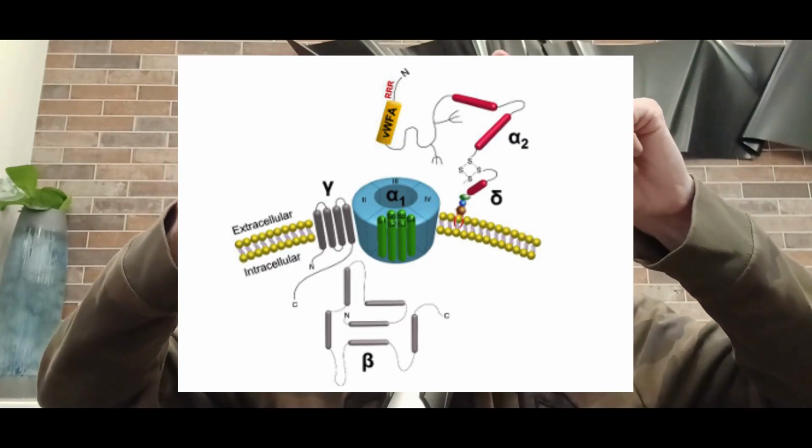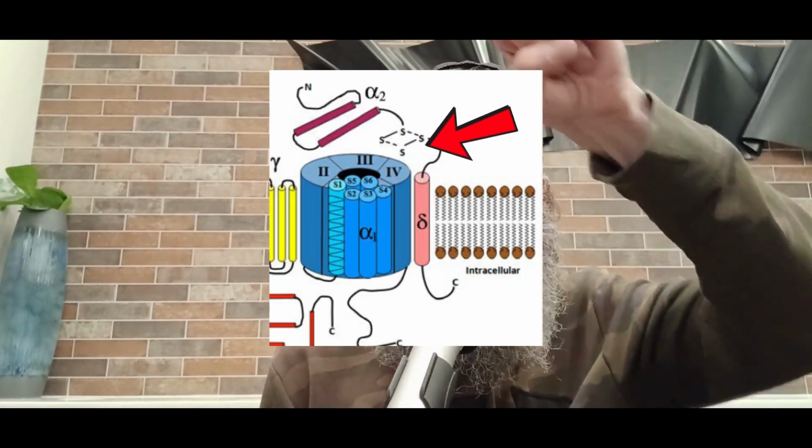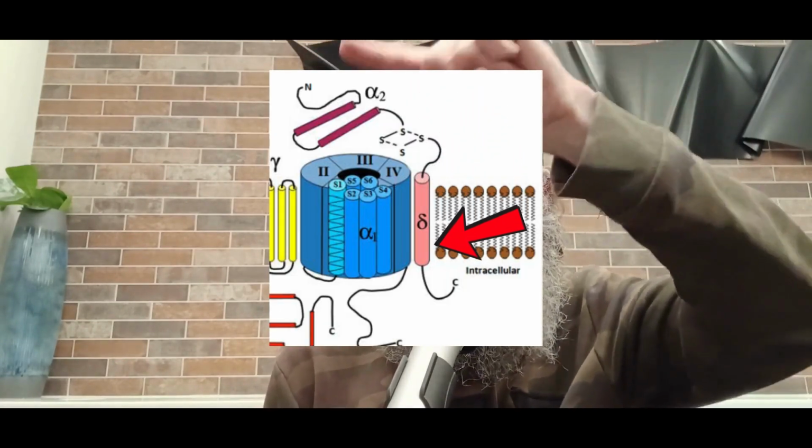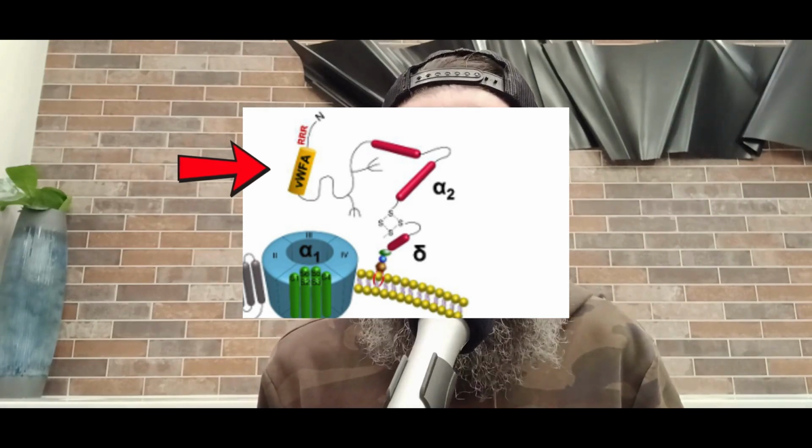So if we go back to the picture of the calcium channel here, gabapentin is a ligand, meaning it binds to the alpha-2 delta subunit. There is a domain in the alpha-2 subunit called the VWA. It'll be abbreviated as that. It's the von Willebrand factor A domain.